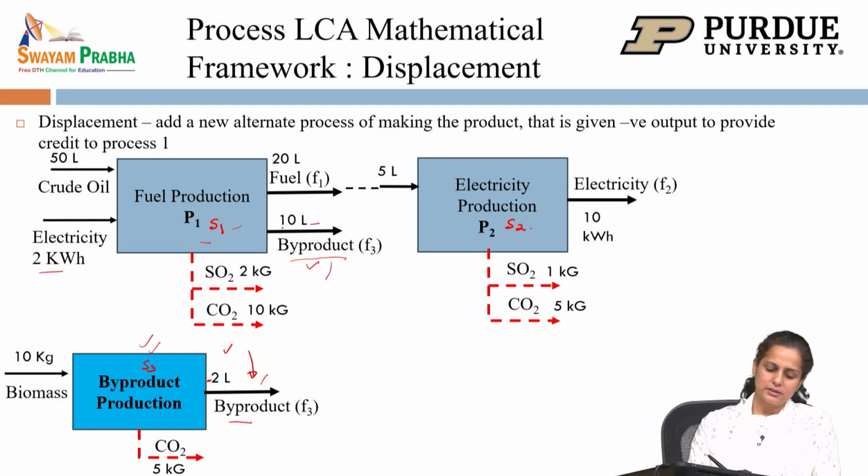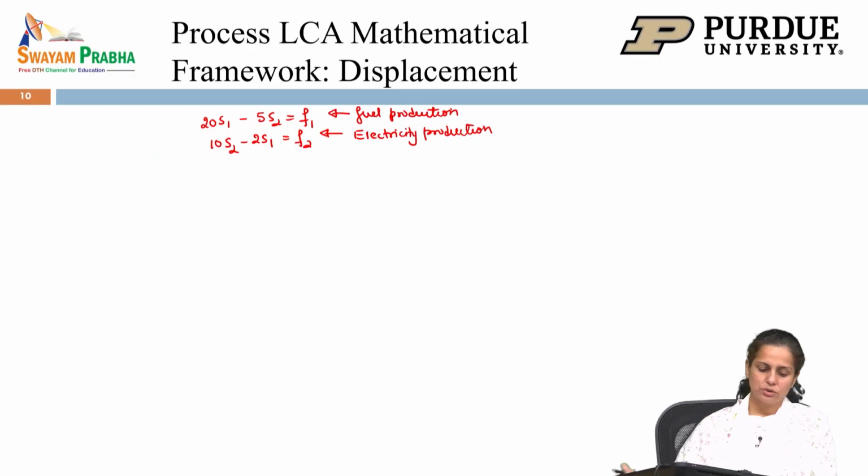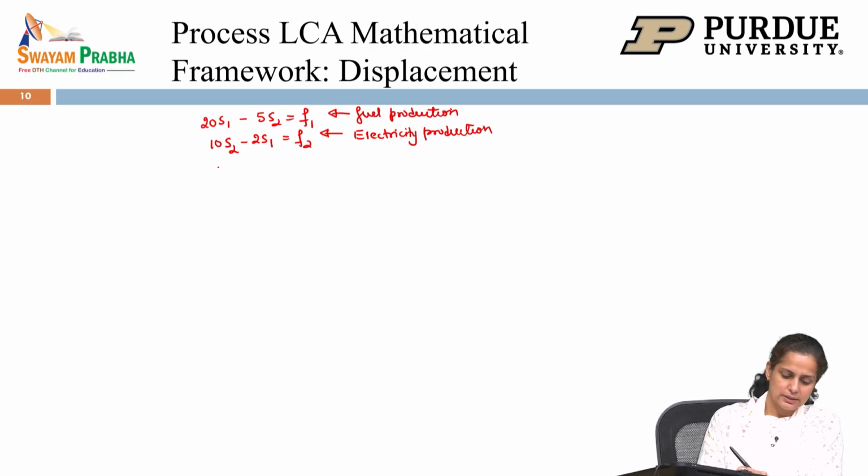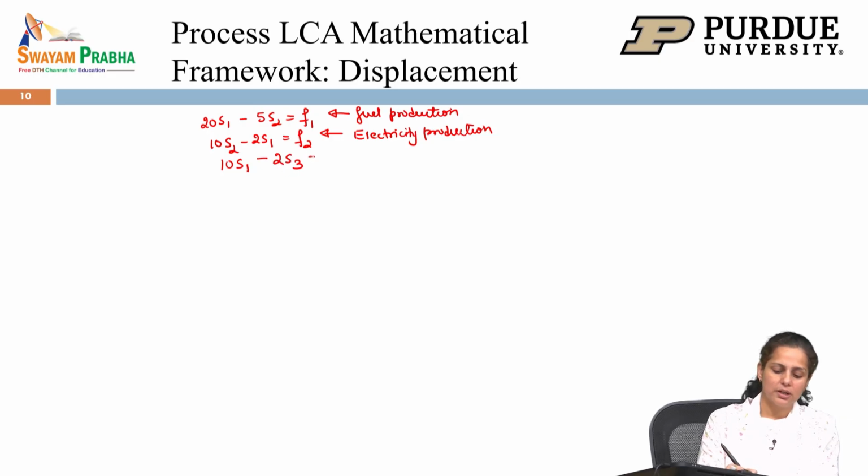In this case the byproduct that is being made is 10 times S1, and we want to reduce the output from this one, so we are going to say minus 2 times S3. We are going to increase the production of byproduct by 10 times S1, but we are going to reduce the production from the alternate route. So, we are going to scale it further, and that is F3. So, that is going to be the byproduct production in the network.